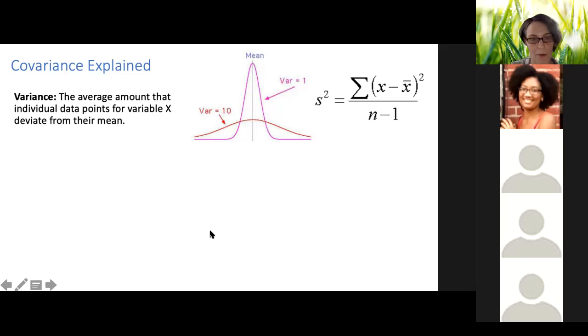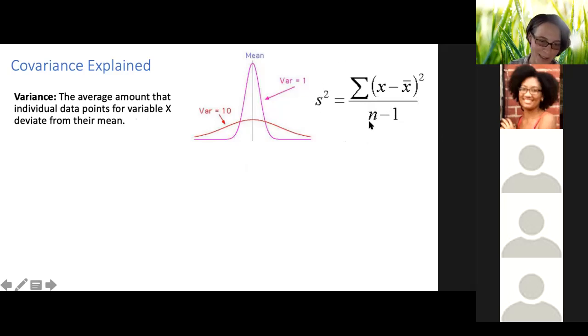So the variance of a variable, that you're all familiar with, right? In order to calculate the variance, we take each measurement point, each observation, and we calculate how much it deviates from the mean of this variable. We square that, sum across all observations in our sample, and then divide by sample size minus 1, to make our estimator less biased. We talked about that.